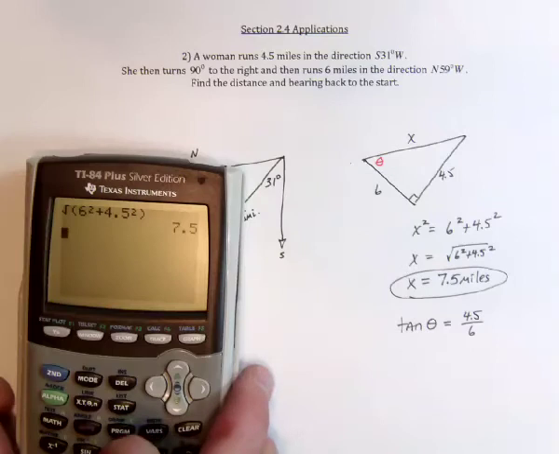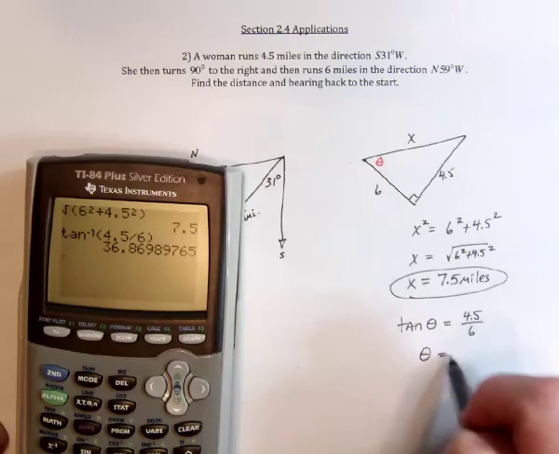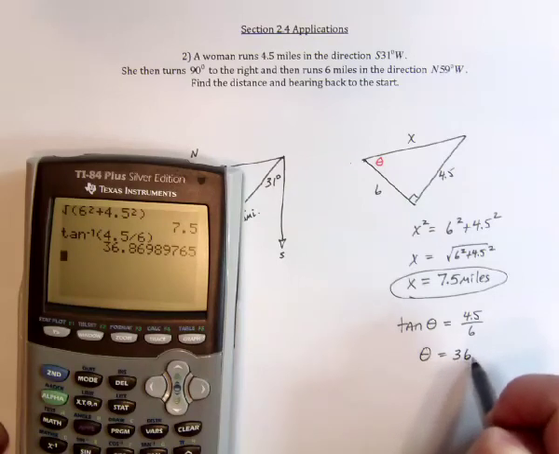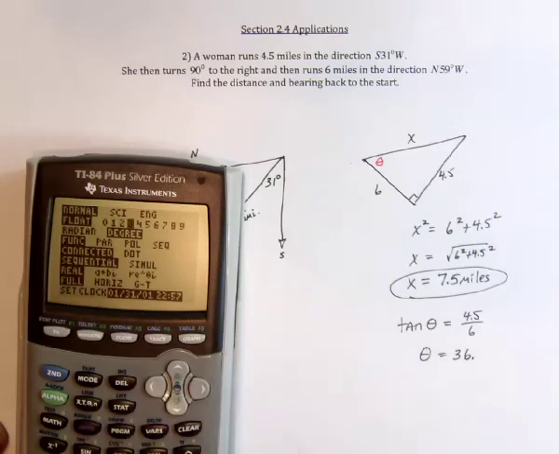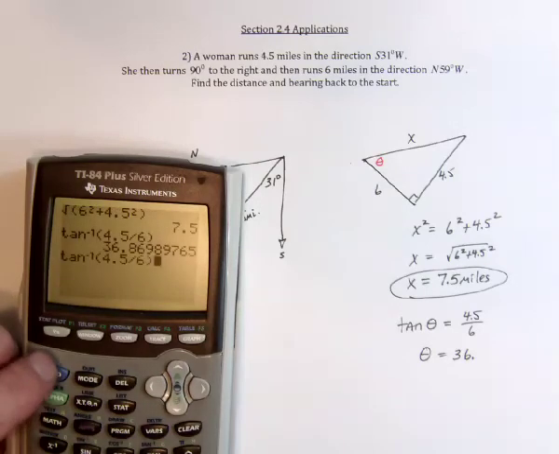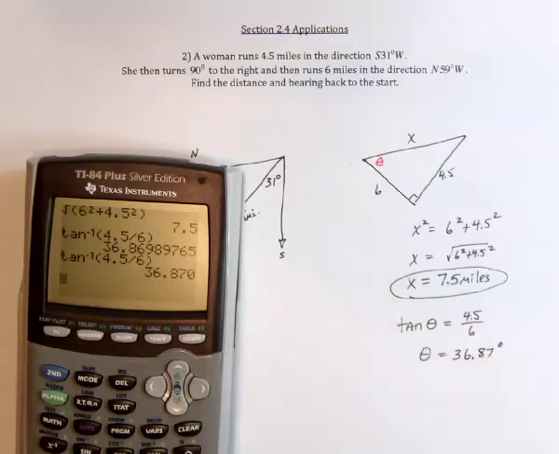And then find tangent inverse. So tangent inverse of 4.5 divided by 6 is 36.87 degrees. And we're nearly finished.